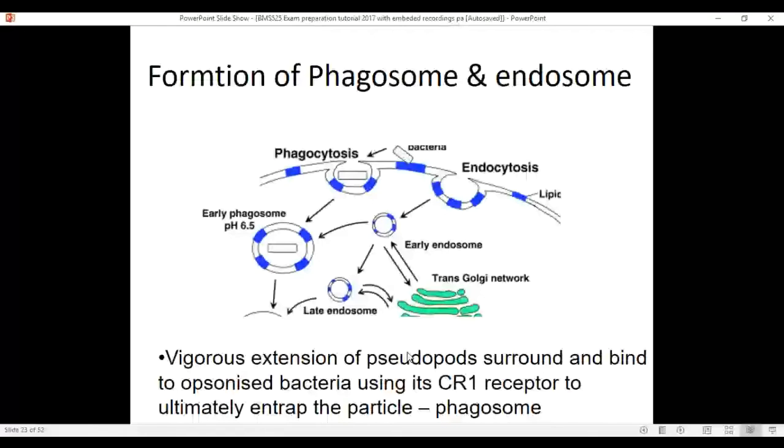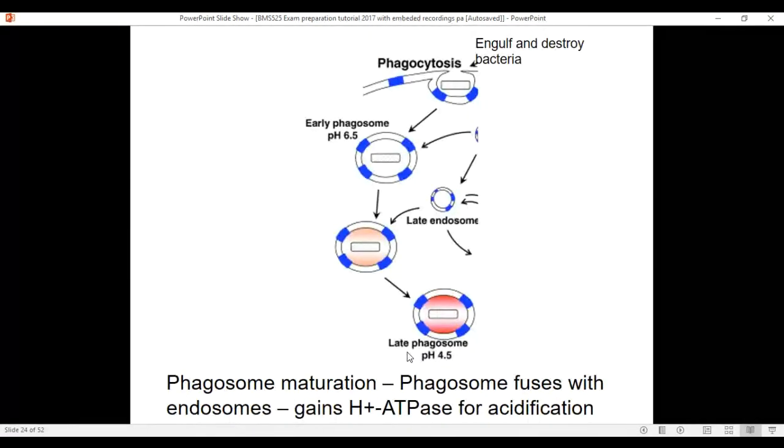But the challenge we have now is that in order for the phagocytosis to occur appropriately, we need to acidify the phagosome to enable the enzymes to work at their optimal pH. And the way we achieve this is that the phagosome will fuse with an endosome in order to acidify the phagosome.